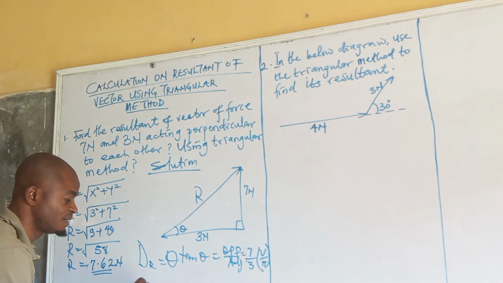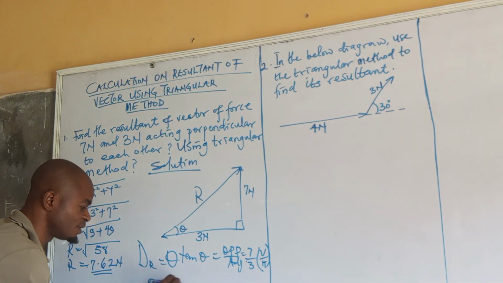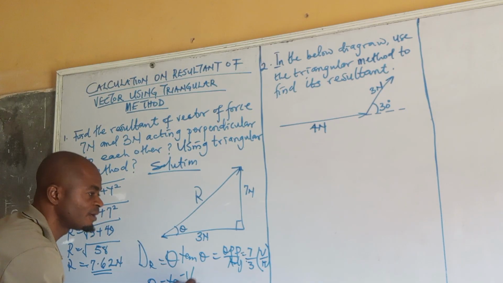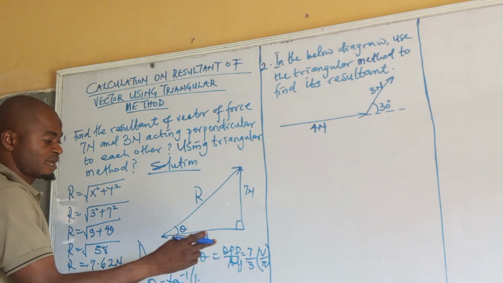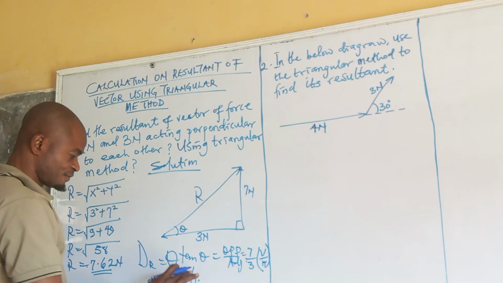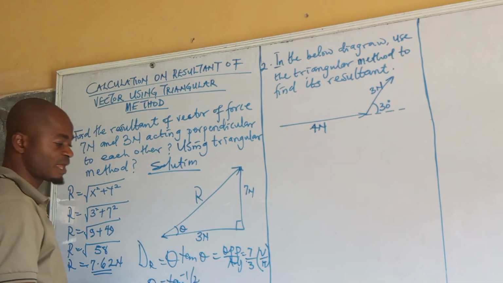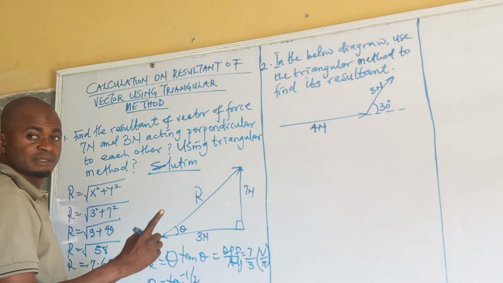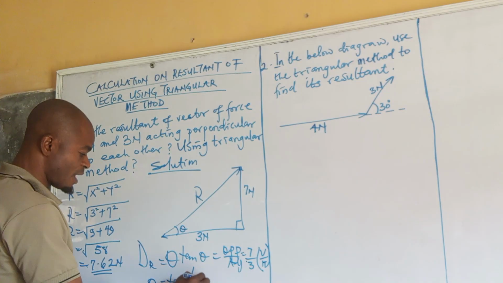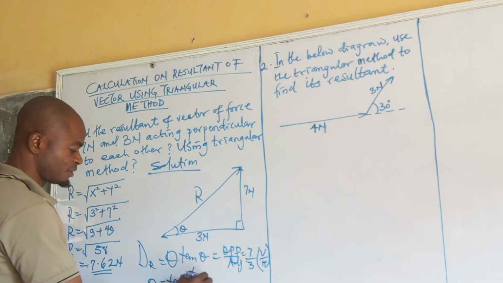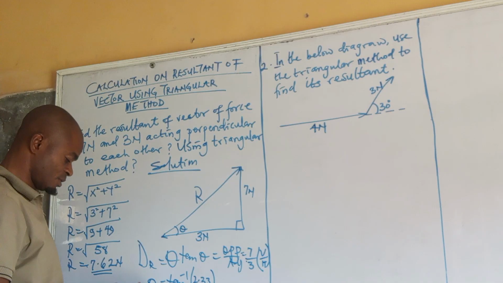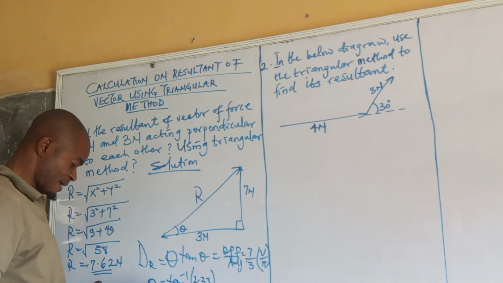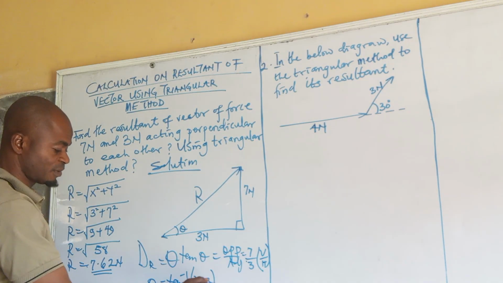At the end of the day, theta equals the inverse tan of 7 divided by 3. Using your calculator, 7 divided by 3 gives us 2.333.